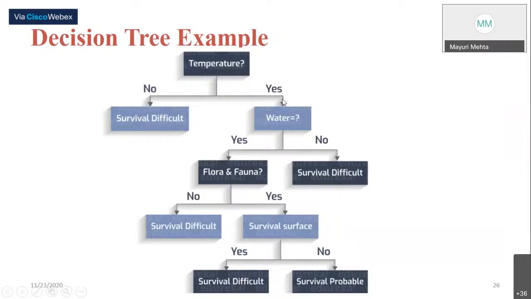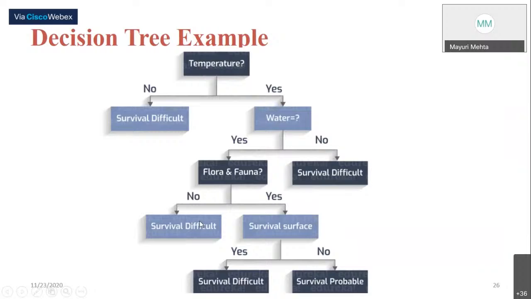If temperature is between X and Y, but water is not present, then survival is difficult. If temperature is between X and Y, and if water is present, and if flora and fauna are not present, then survival is difficult.